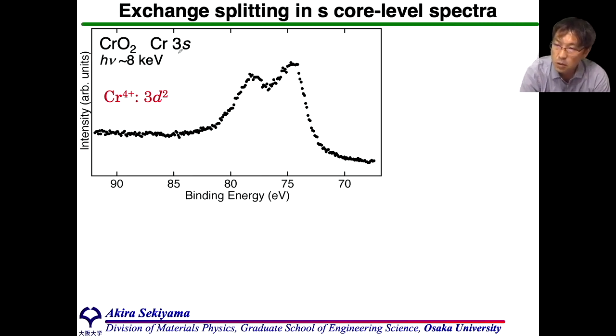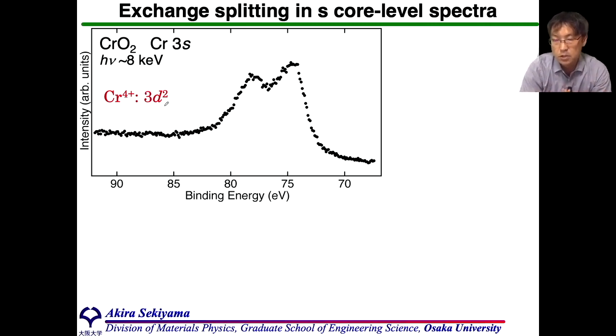So this is a core-level 3s photoemission spectra of the chromium dioxide. From this composition, we can notice that chromium is 4 plus state with nominal electron configuration as 3d2. As I explained later, for the s-orbital there is no spin-orbit interaction.